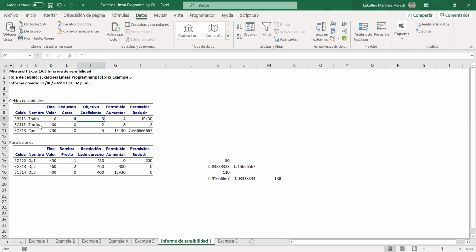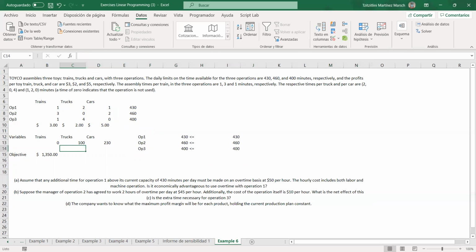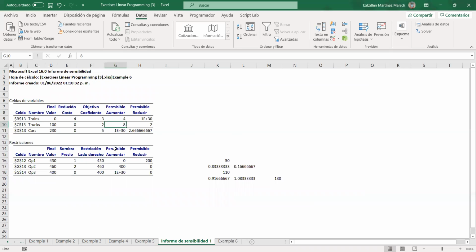Okay. With the trucks, right now I have 10, and I'm able to go up 8 more with the current plan. So I can add to my current 100 trucks, and I am able to make it with a new profit. Let me clear this up because maybe I wasn't clearing it up.